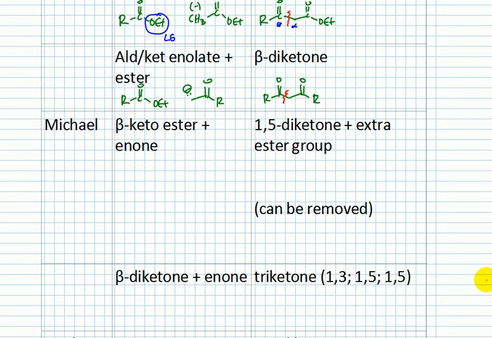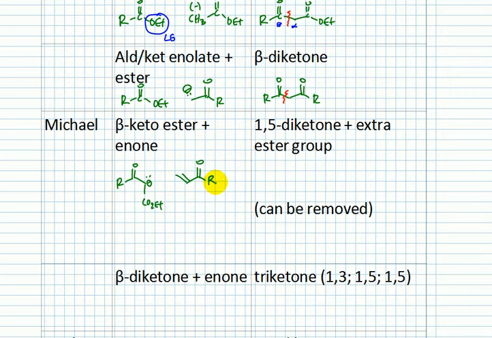For the Michael reaction, we can, for instance, have a beta keto ester plus an enone. Right, if I have a beta keto ester, R C double bond O, CH2, CO2Et, that can form the enolate that's stabilized, and then I can react that with some matter of enone, like that.